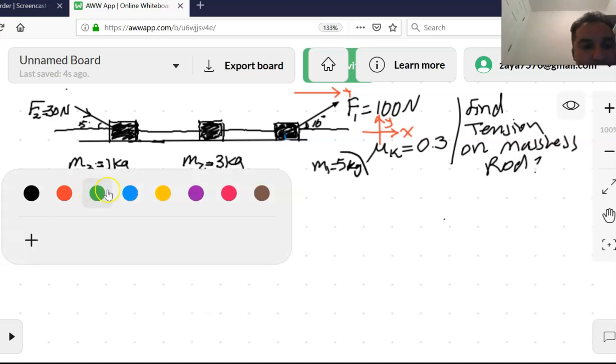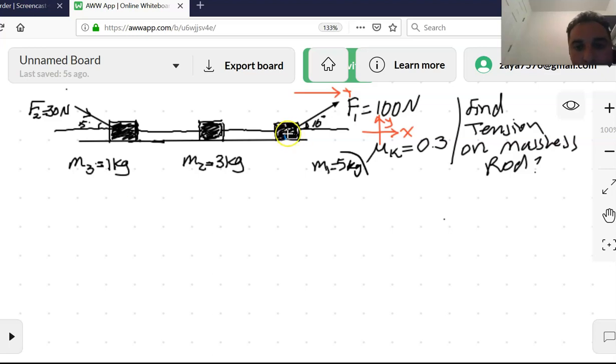The first force is m1g. Second force is Fn1, correct? Then we also have the friction force, Ff1. Am I right?